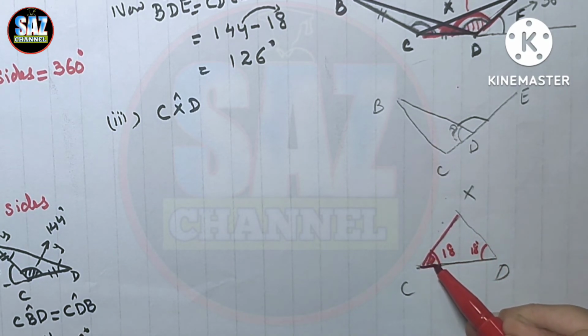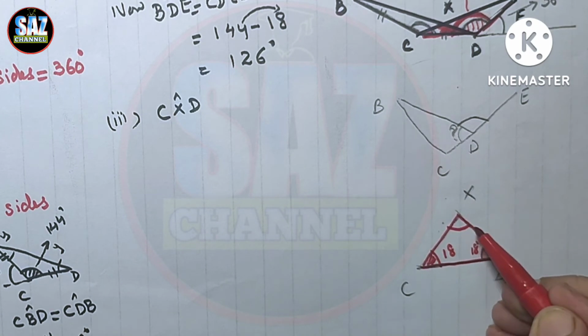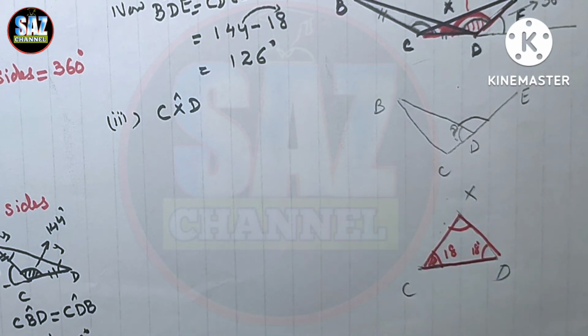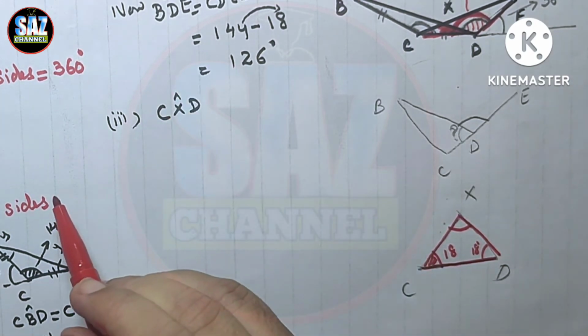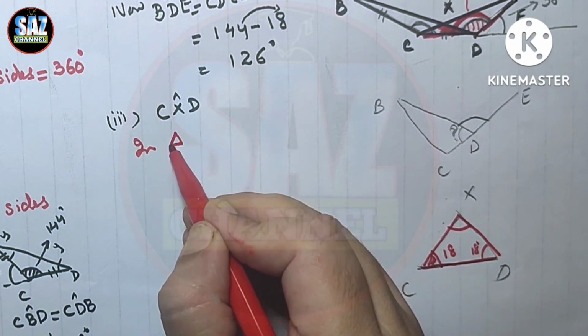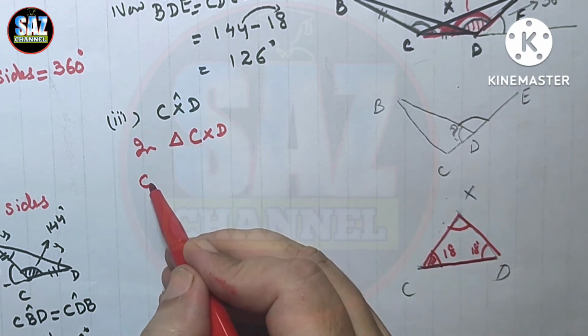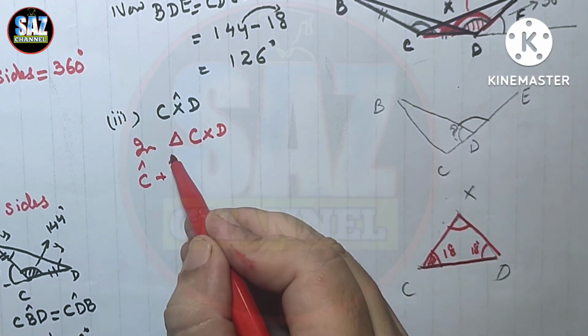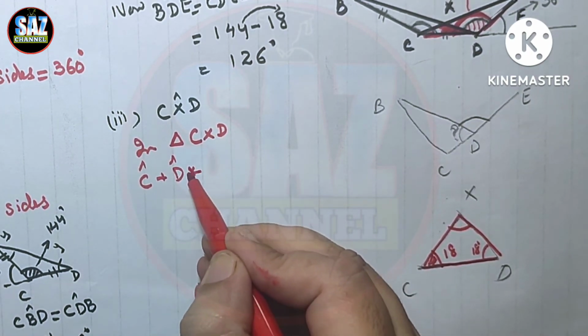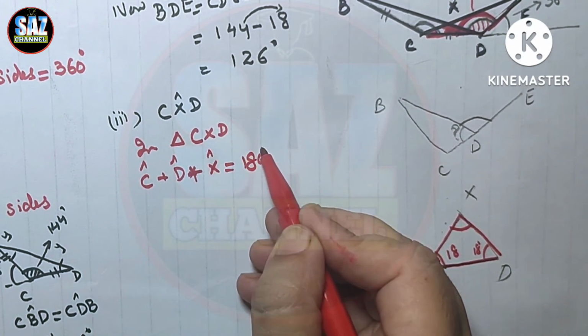Now we know the sum of interior angles of a triangle, and this is the requirement of the question. In triangle CXD, angle C plus angle D plus angle X equals 180 degrees.